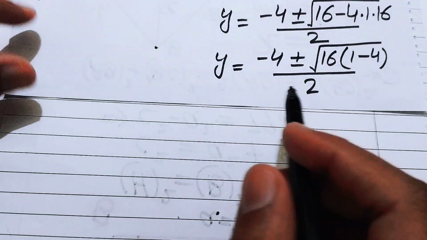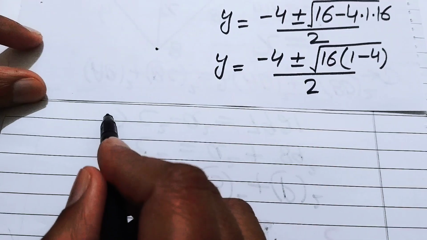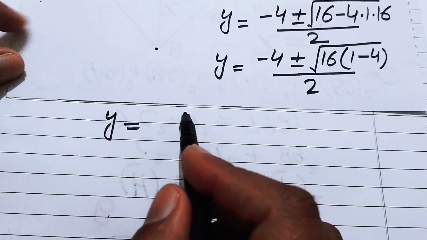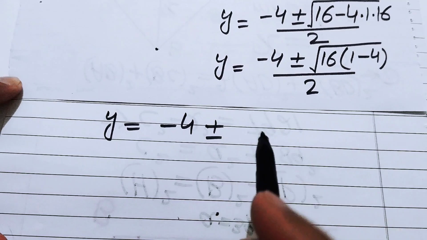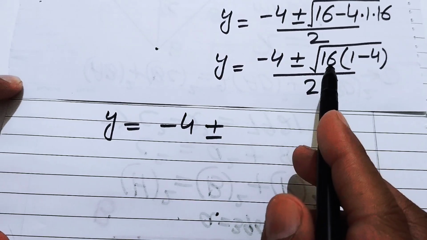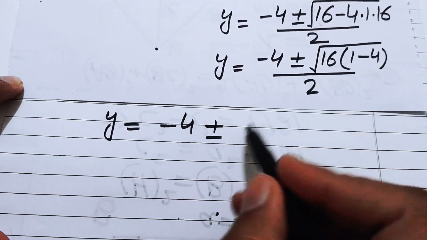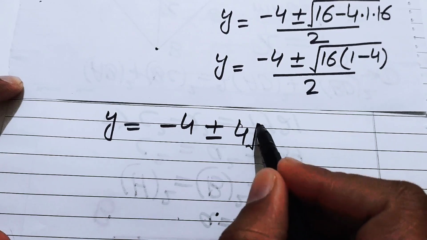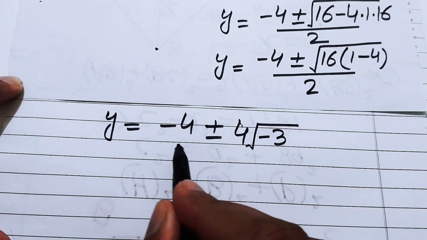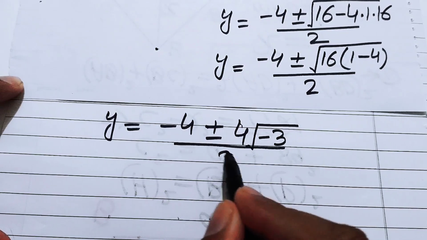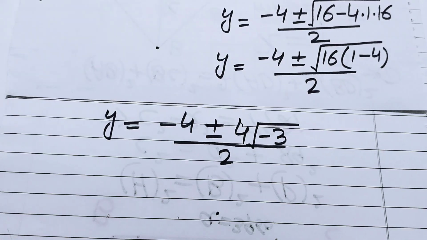So after simplification we have y equals minus 4 plus minus the square root of 16, which is 4, times the square root of 1 minus 4, which is minus 3, and this whole divided by 2.